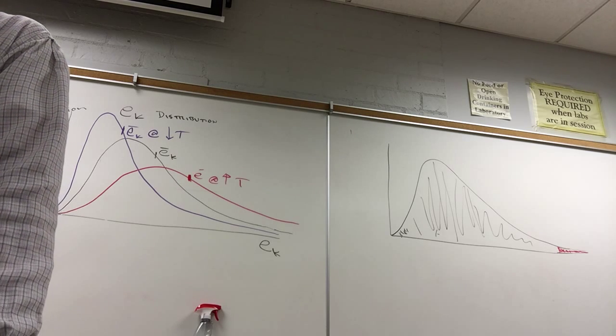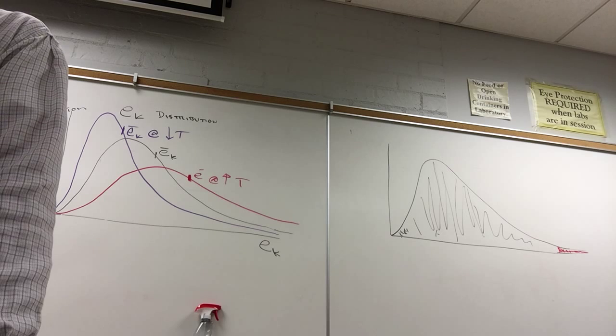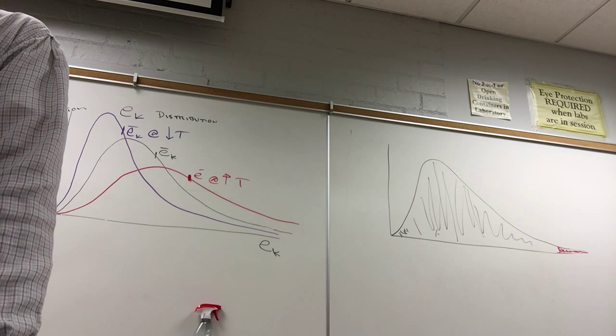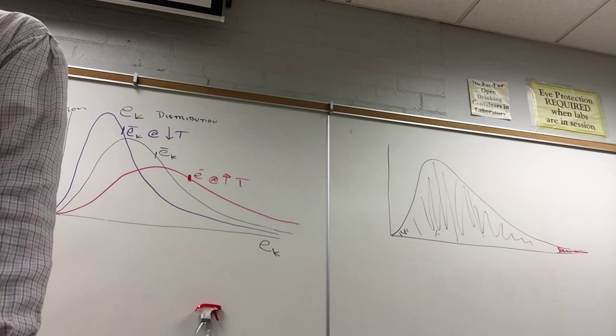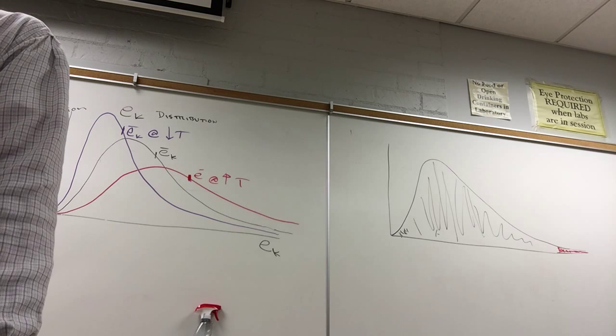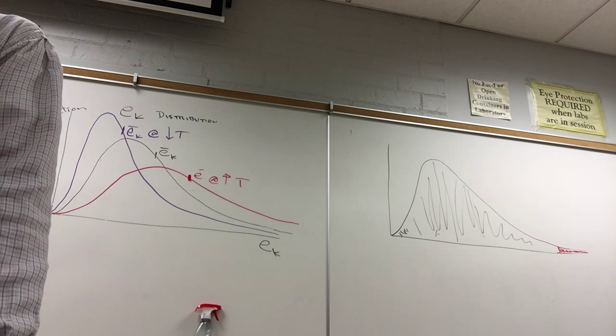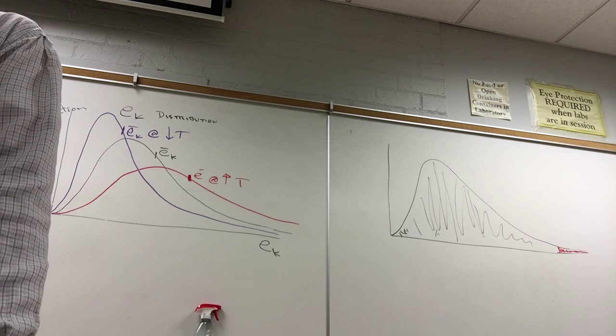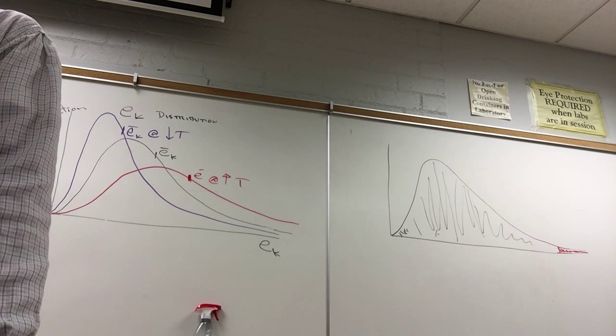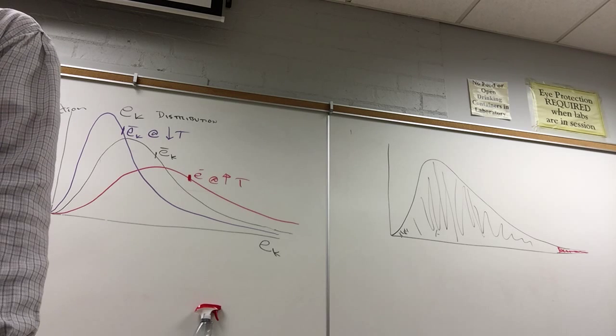But the interesting thing about vibrations is not every vibration is allowed. And it turns out there are only 3 vibrations that are allowed in a water molecule. And so each of those vibrations occurs at a different energy. Those are allowed energies of vibration for a molecule, but there are forbidden energies as well. And the same thing with rotations.